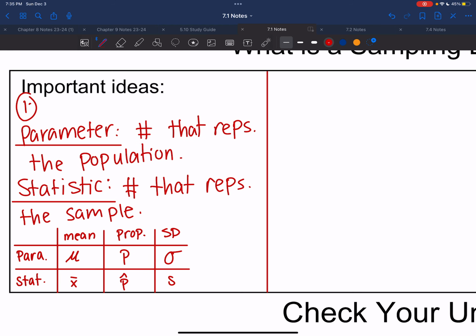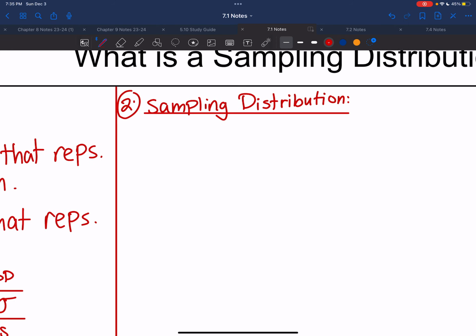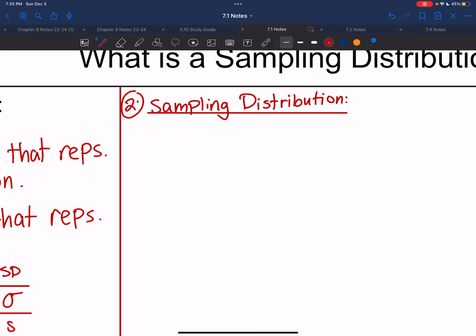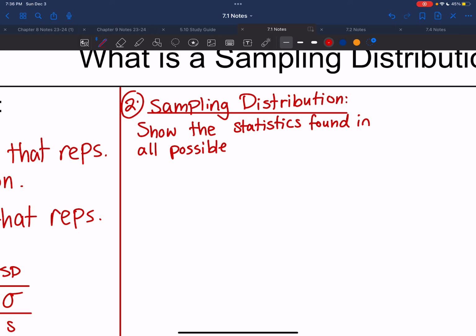Next thing I want to look at is a sampling distribution. A sampling distribution just shows the statistic found in all possible samples of size n.